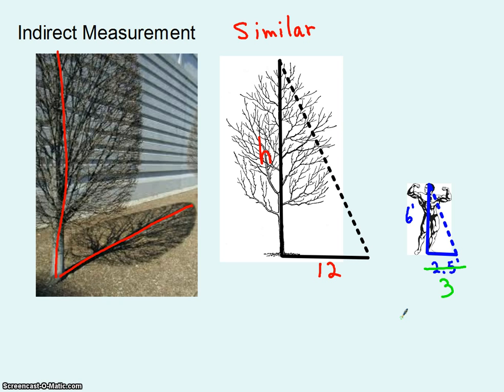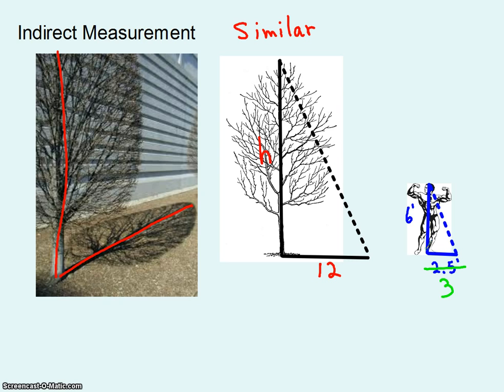What we notice is that these two triangles, if it's the same time of day, are called similar, which means they're the same shape but different size. A nice way to look at that would be to say the ratio of any pair of corresponding sides is always equal. What do I mean? Well, the shadow length here corresponds to the shadow length there, and the height here corresponds to the height there.